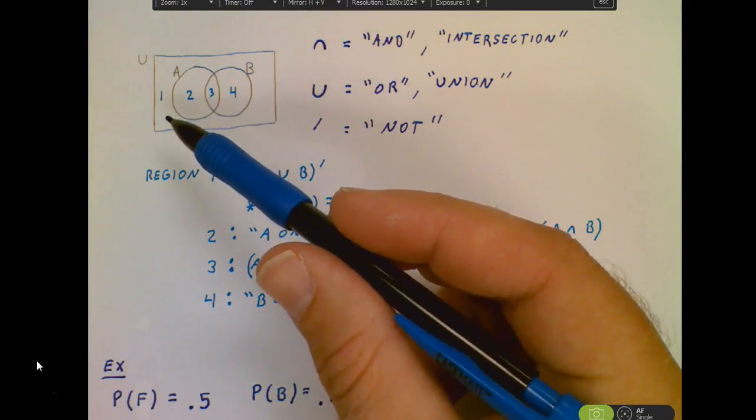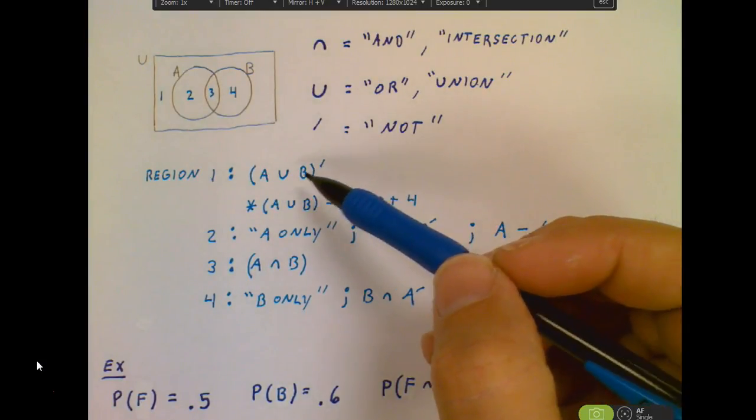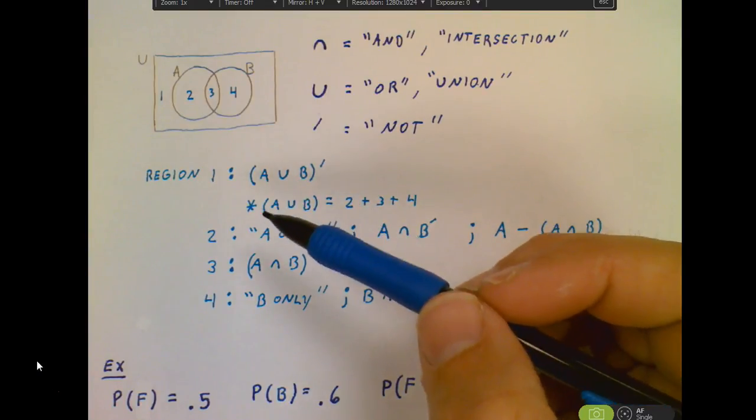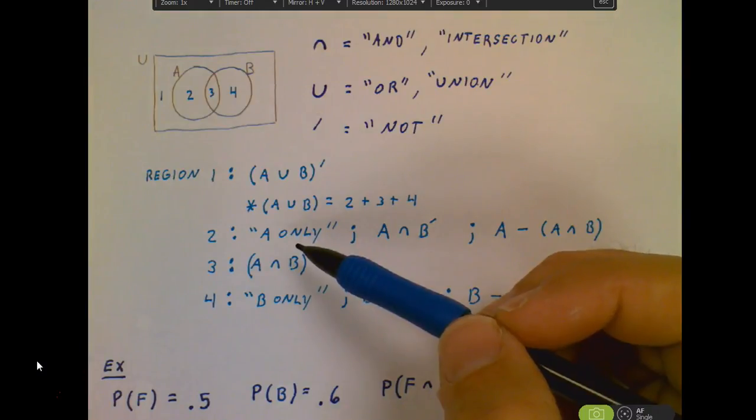So area 1 are simply the things that are not in A or B, is the best way to see that. Area 2 is what we would call A only.